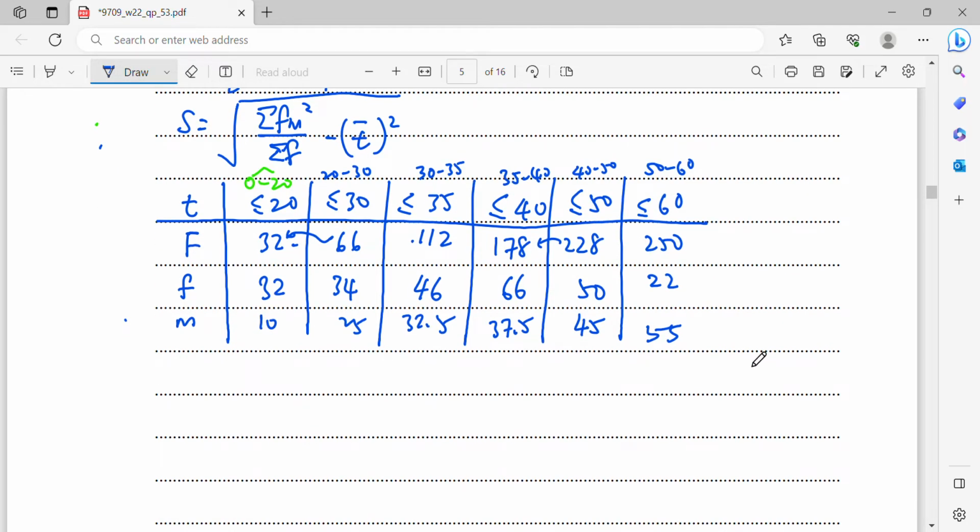Okay, so now I will substitute into this formula for the calculation. So it will be summation, or square root first. Summation fm squared means you square the m before you multiply by f. So now I square the m and multiply by the f.